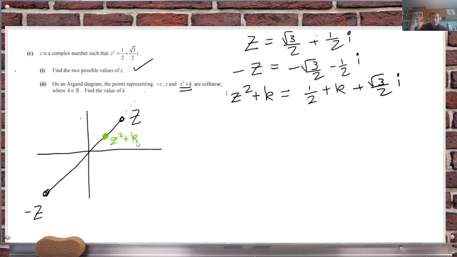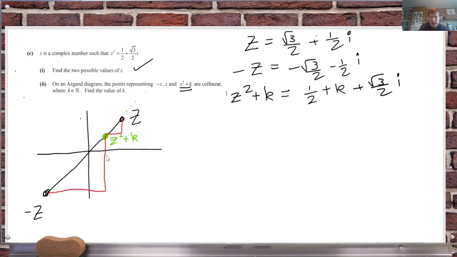And I think the best way to look at this is perhaps with slopes, that the slope from minus z to z squared plus k and the slope from z squared plus k to z should be the same. So if you look at rise over run here and rise over run here, that should be the same. Okay, so what's the height here?